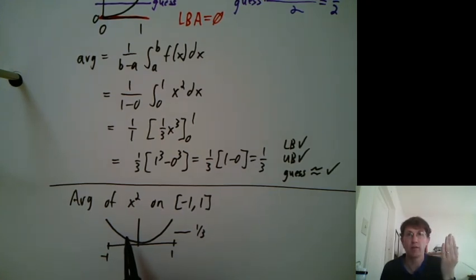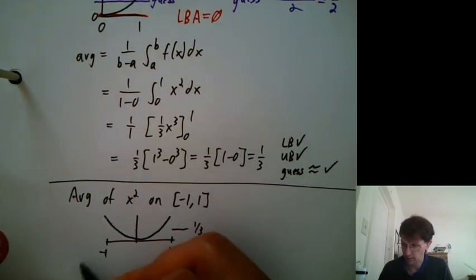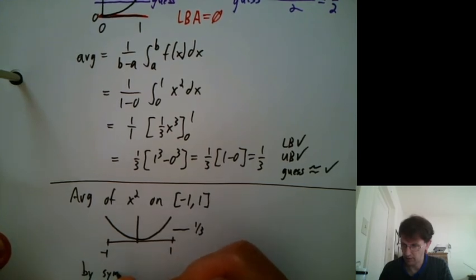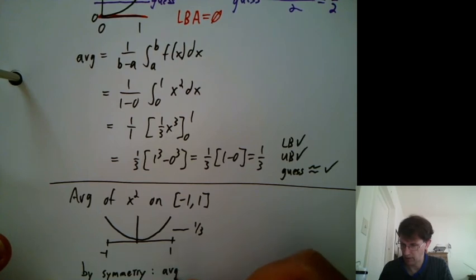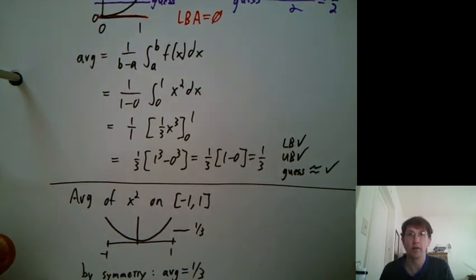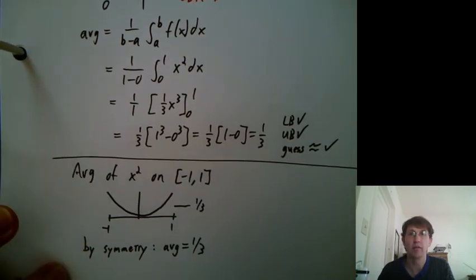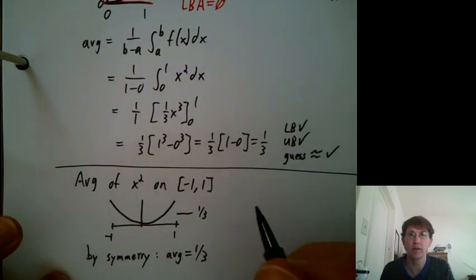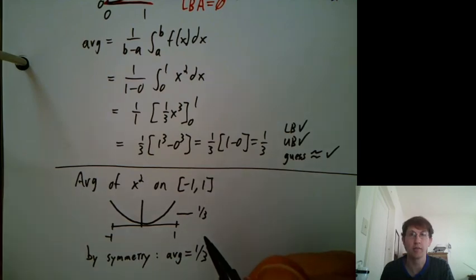And then what's the average of 1/3 on this side and 1/3 on this side, and they have equal weights, equal widths. So we could just say by symmetry, the average is 1/3. So I often think that part of learning to be a good calculus person is to know when not to use calculus, and I think reasoning by symmetry is a great way to do it.